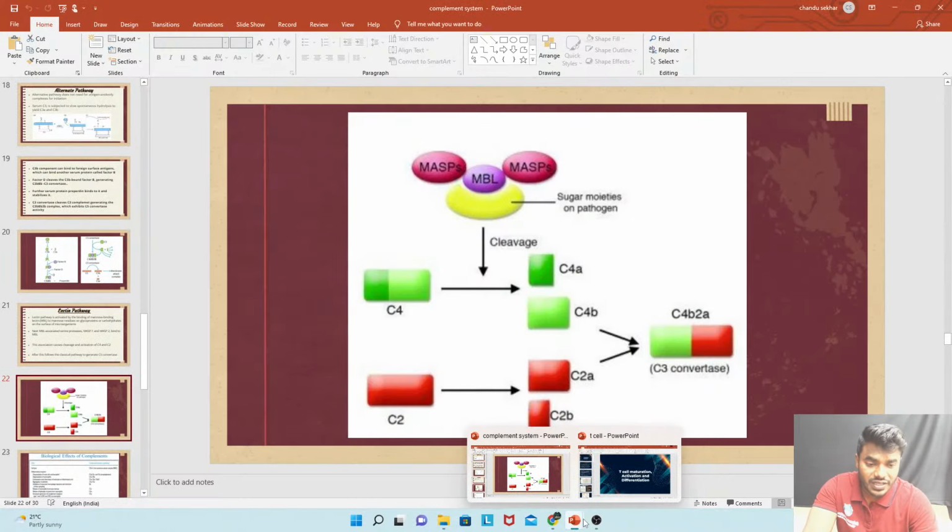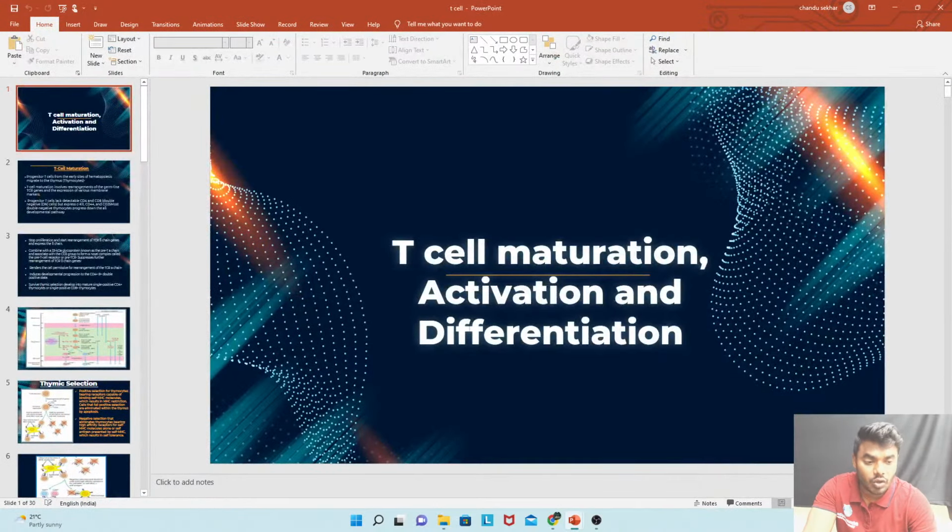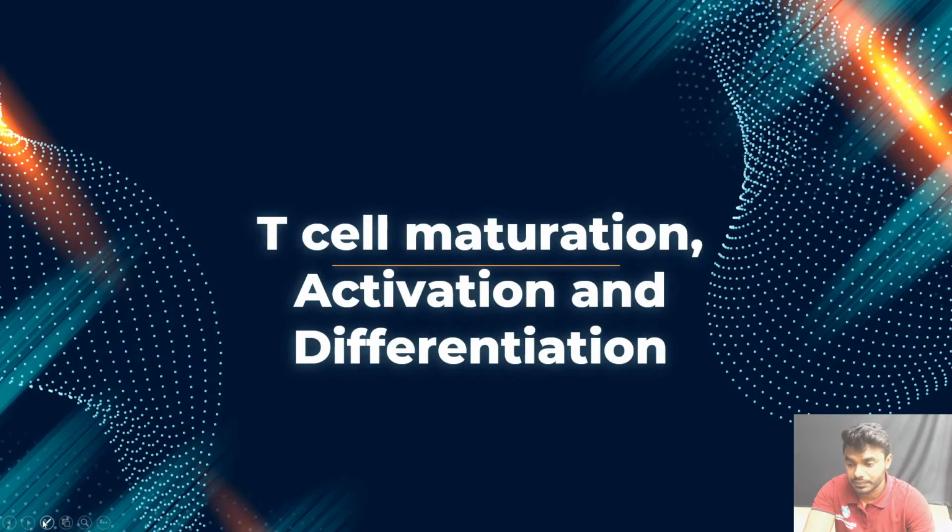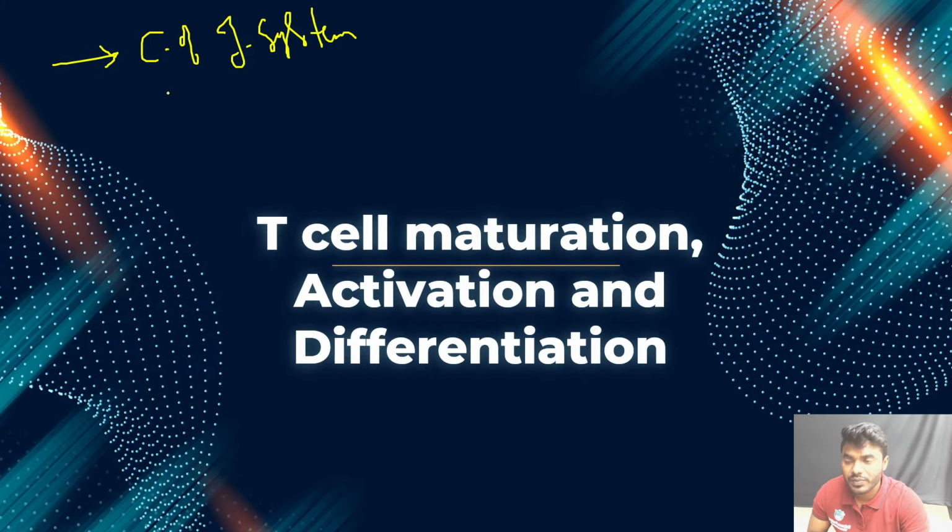Okay, so friends, that ends the complement system. So what will be the next topic that we have to study? T cell. So friends, let's quickly understand what we have studied so far. We have studied cells of the immune system. We have understood antigen and antibody interactions. We read what is immunogen, what is antigen.